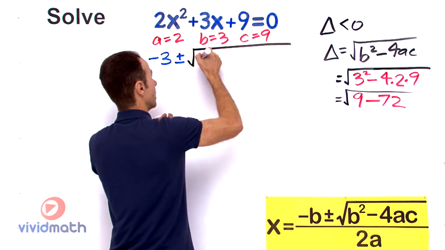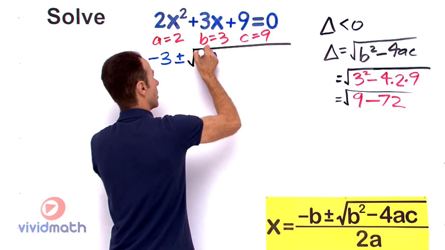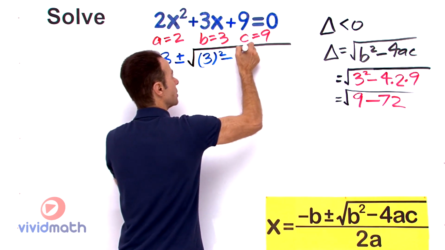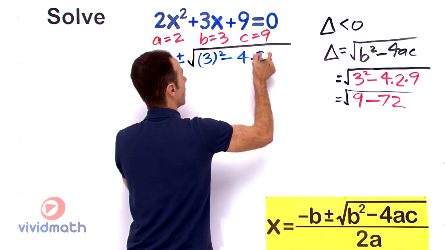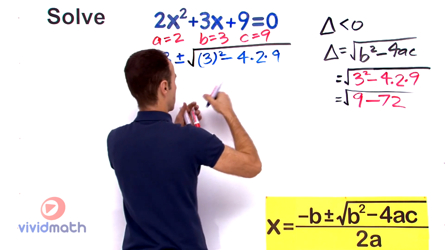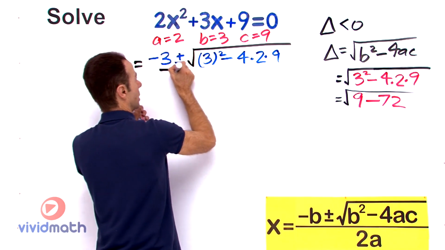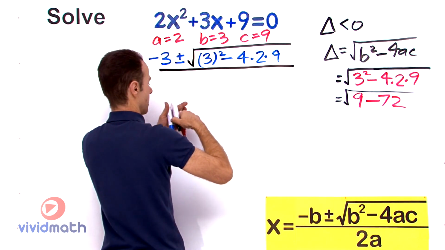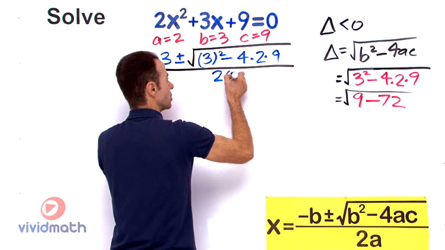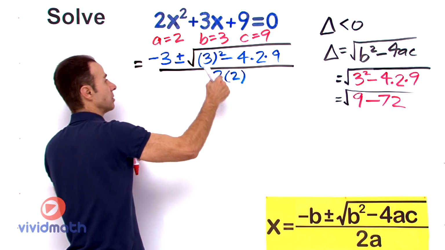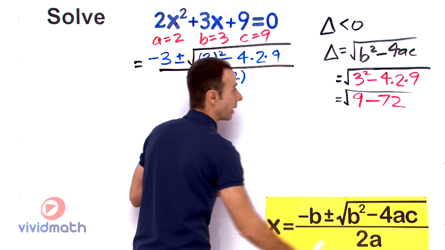It's going to be 3 squared minus 4 times a, which is 2, times c, which is 9, all over 2a. 2 times a, which is also 2. There's our a, 2 times 2, 2a.